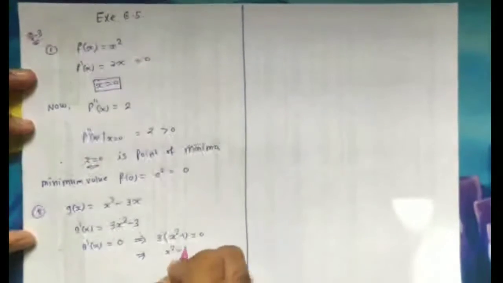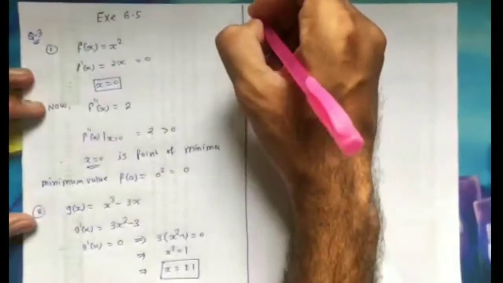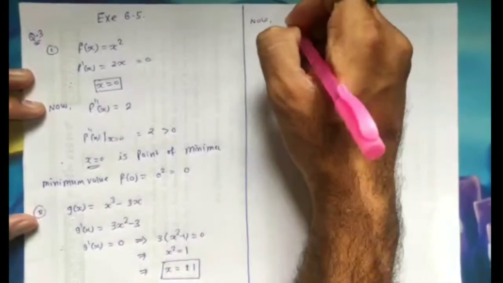So x square equal to 1. So we are getting two values of x, which are plus or minus 1. So the critical points are x equal to minus 1 and plus 1. Clear?